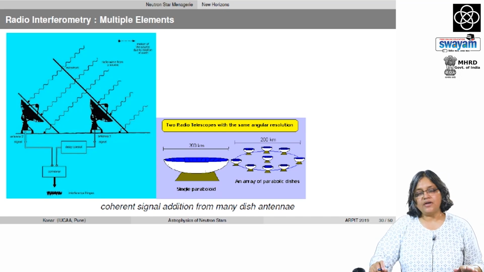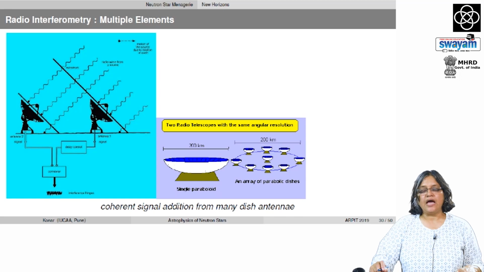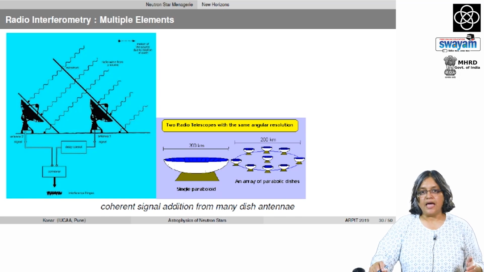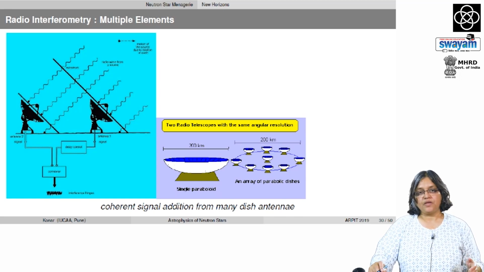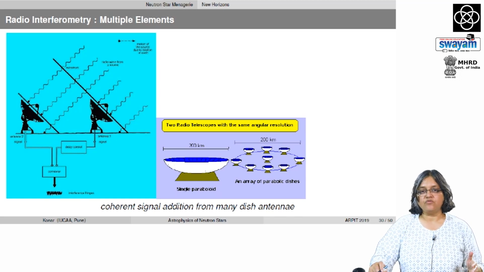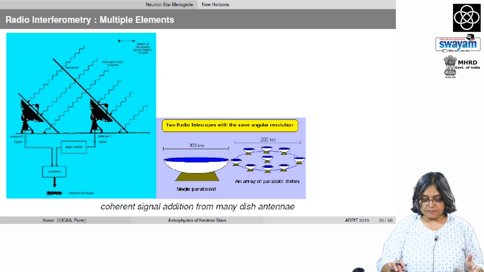Now, we can have a number of such dishes, and then we can have a two-dimensional map of the object in the sky, and we can achieve extremely high sensitivity and have a very precise image of the object in the sky.